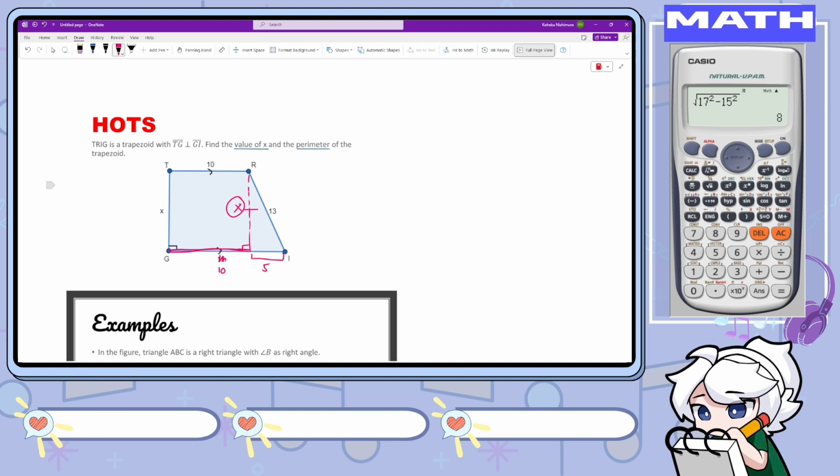And you want to solve for x. Thus, you can apply the Pythagorean theorem, or you can use your calculator again. Just maximize the use of the calculator because we are allowing you to use it. So 13 squared minus 5 squared is simply 12. Thus, you have x as 12. And then solve for the perimeter.